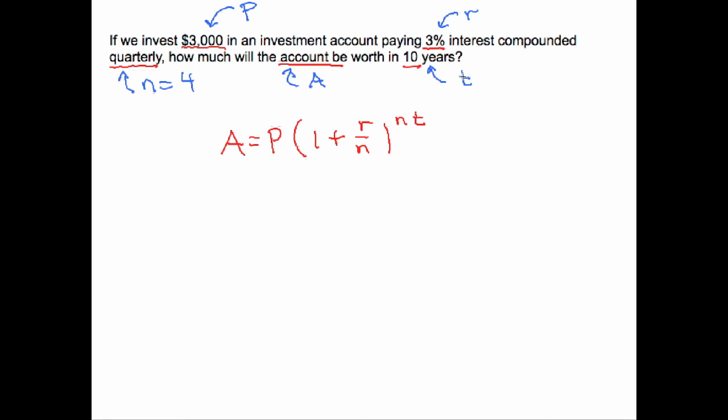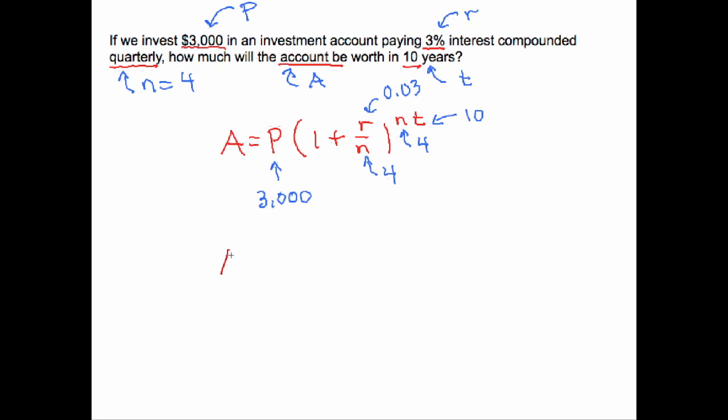10 years. So let's see if we can substitute in. Looks like our principal is 3,000. Our rate is 3%, which is 0.03. The number of times a year is 4. And we're looking at 40 compounding periods, 4 times a year for 10 years. Do you see a formula in front of you?